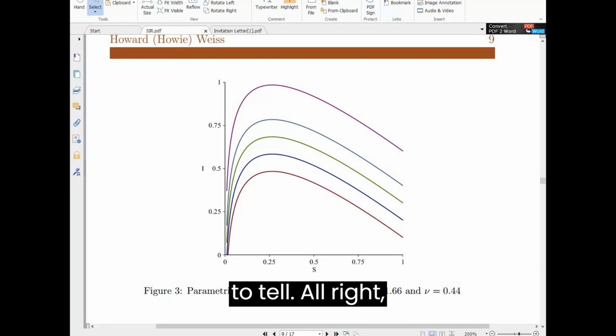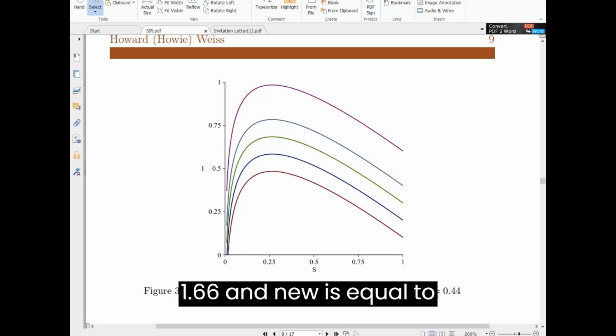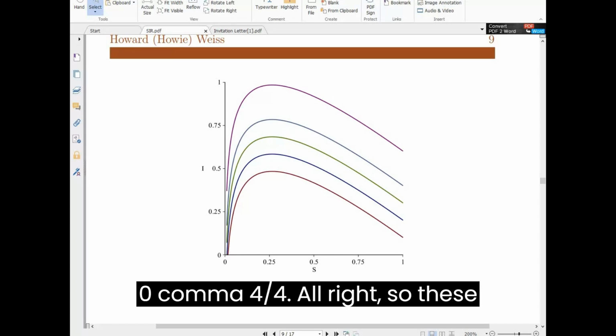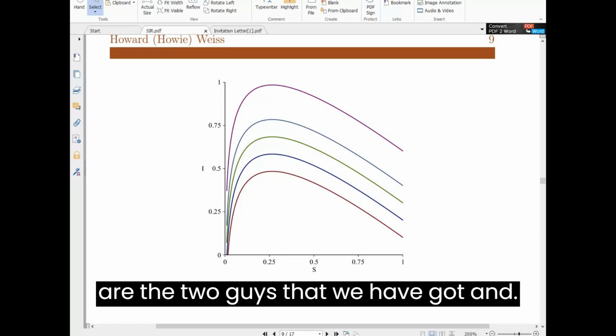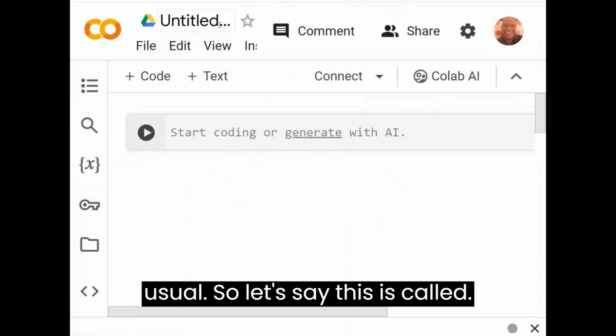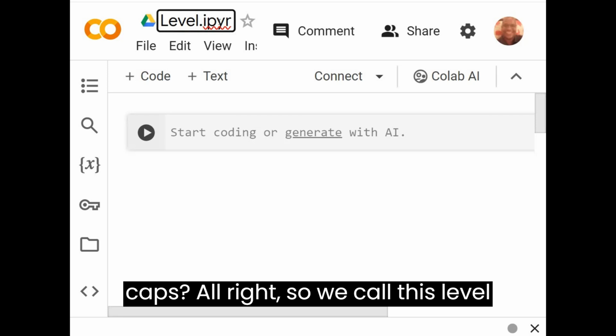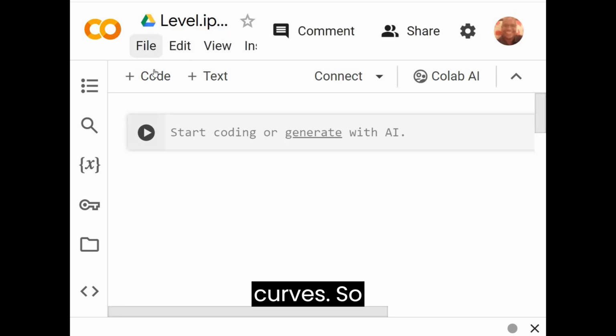We have beta equals 1.66 and nu equals 0.44. These are the two parameters that we have. So we need to do this in Python, and let's call this level curves.